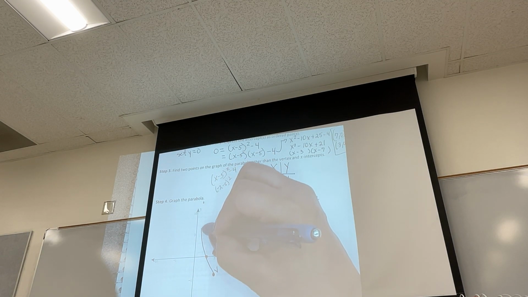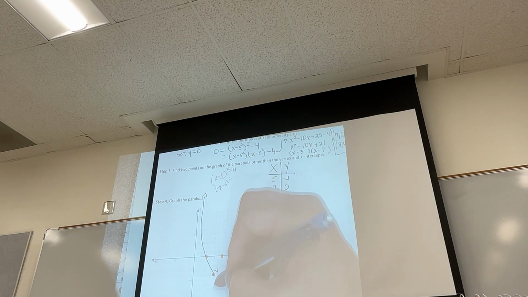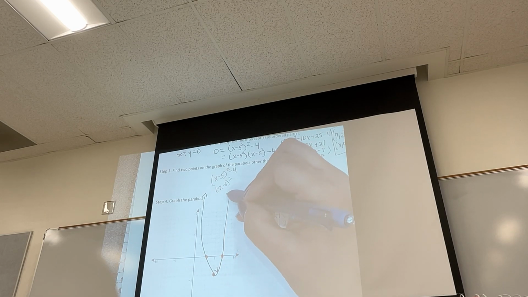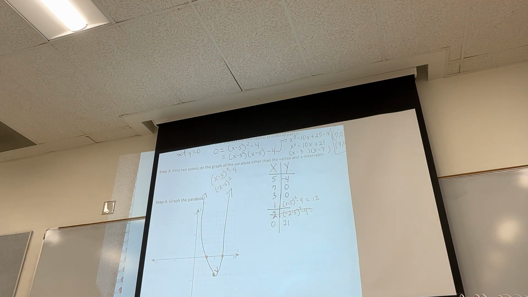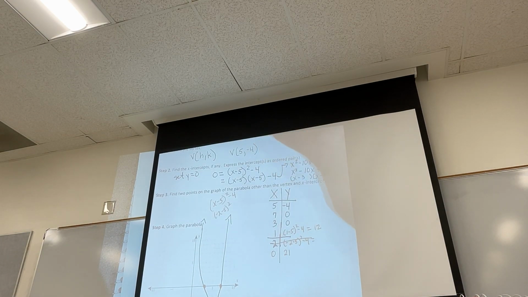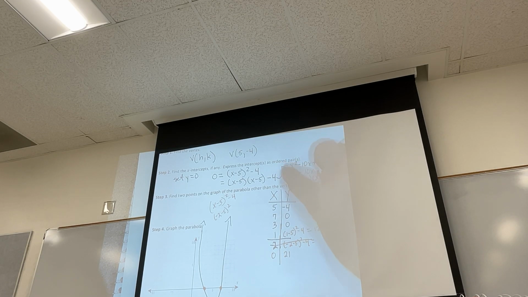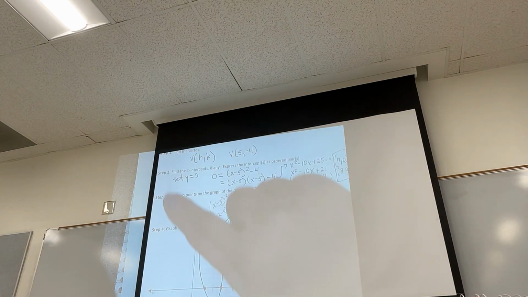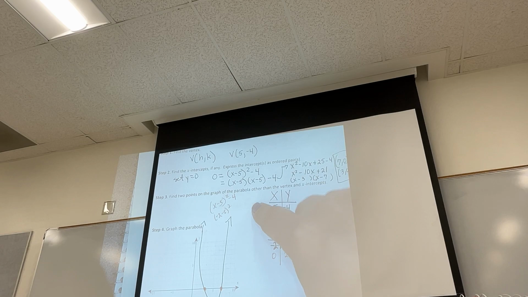We know the vertex divides my axis of symmetry, so I can make a pretty good educated guess here, even though my points were off my grid. We need to be able to look at a function, pull out the vertex, calculate the intercepts, however you want to get there, find additional points, and plot.